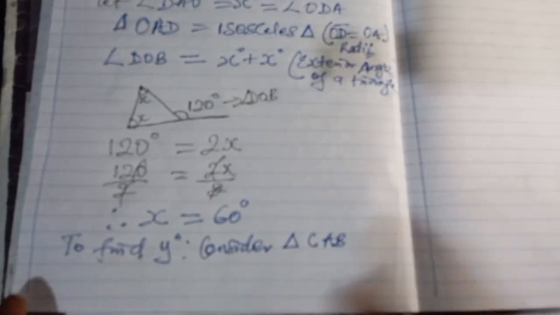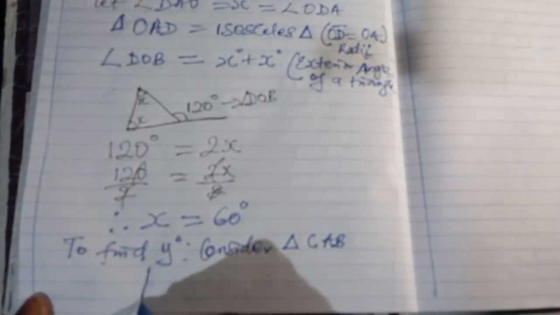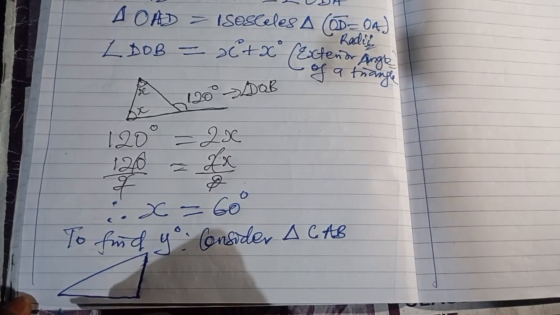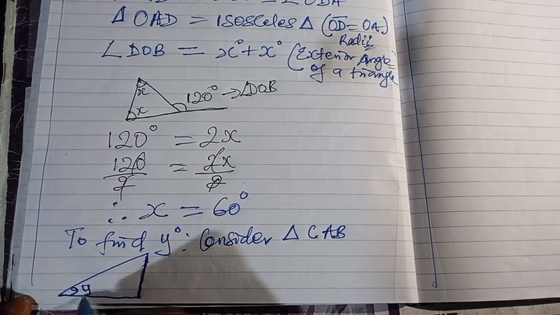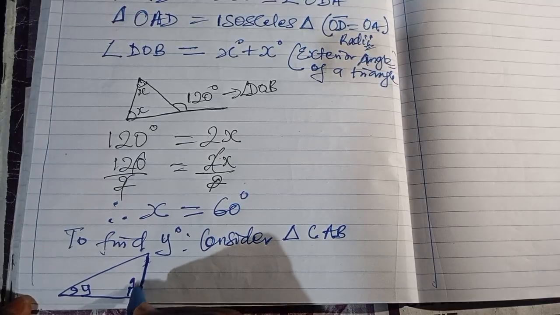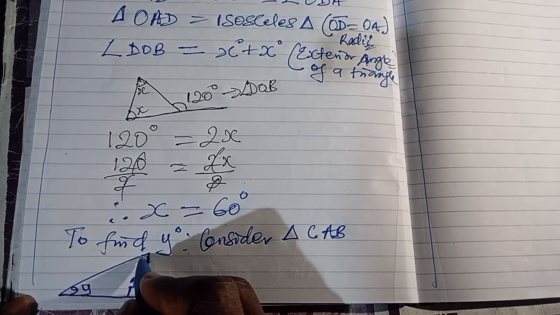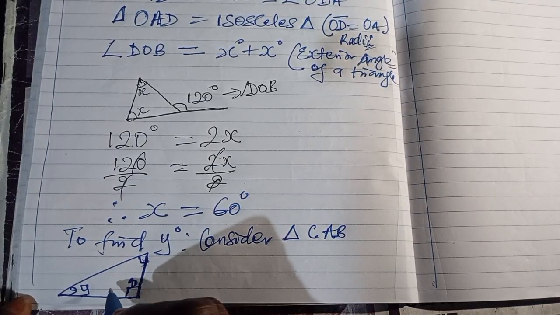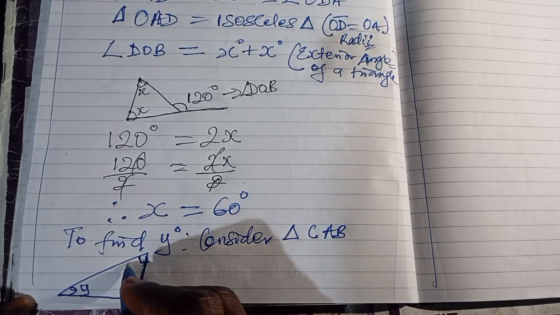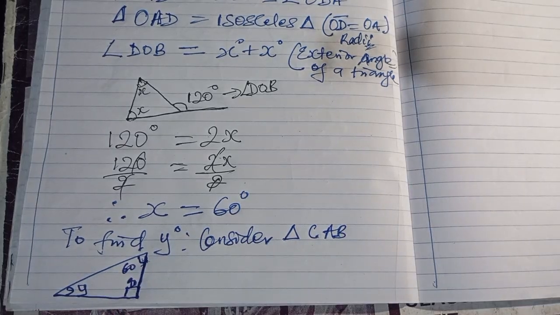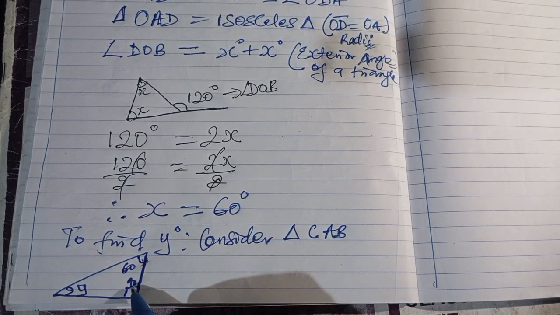So we are going to have something like this. This is our y. Here now is 90 degrees. So already this angle here is, remember, 60 degrees. So here is 60, here is 90.